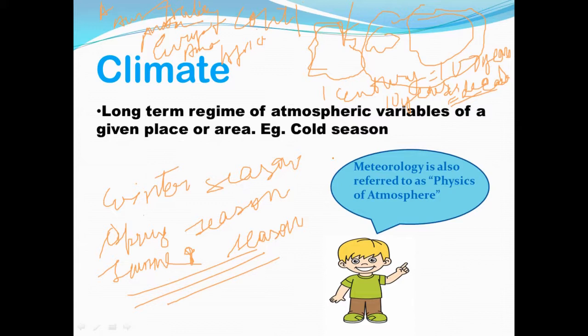If we take the average of India, we say it is a temperate climate, and when we say it is of South America, we say it is an equatorial climate. So meteorology is also referred to as physics of atmosphere. It may come in your MCQ.